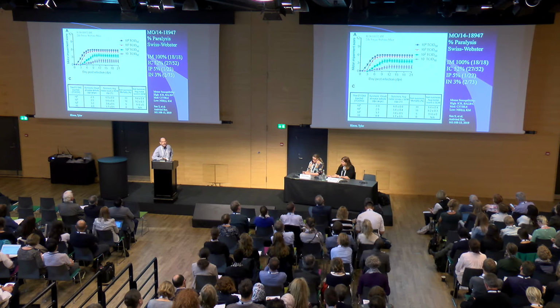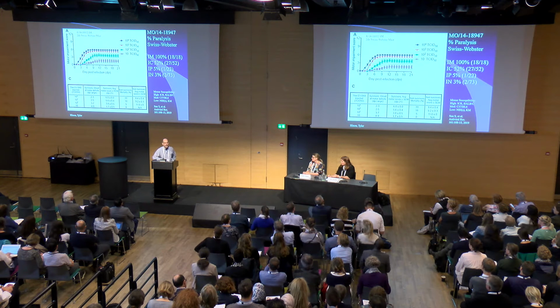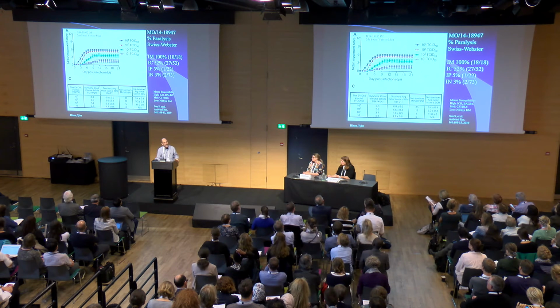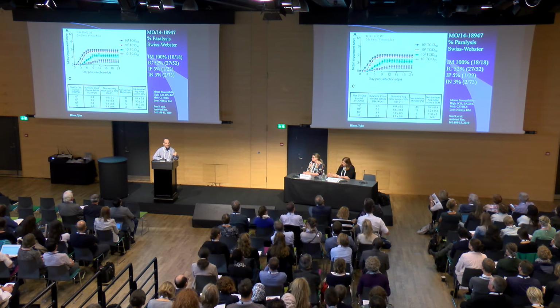And we quickly learned when we were doing this in Swiss Webster mice that the route of inoculation seemed to be critical in the incidence of the paralysis. So if you stuck it into a muscle, you could get 100% paralysis. This is just with one of the strains that we used. The brain dropped that down to about 50%. And if you tried intraperitoneal or intranasal, you got disease, but it was sort of unusual, down in the single-digit percentages.